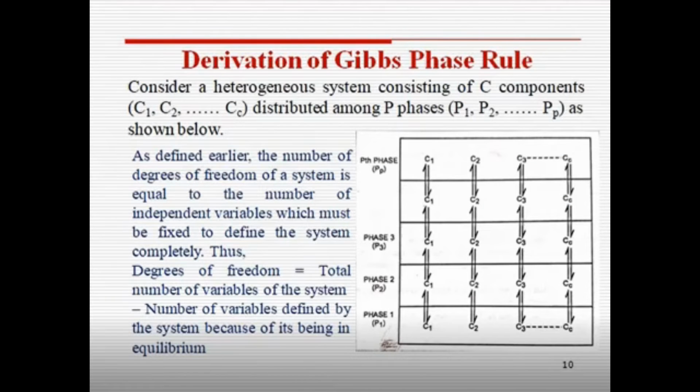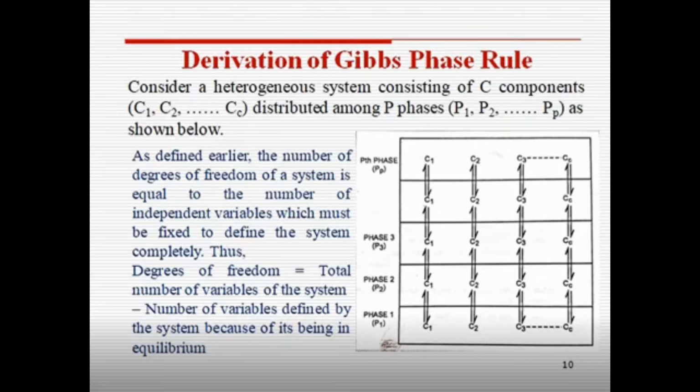Next, we will derive the Gibbs phase rule equation. For this, consider a heterogeneous system consisting of C components, starting from C1, C2, C3 and so on up to Cc, distributed among P phases, starting from P1, P2, P3 up to Pp, as shown in the diagram. As defined earlier, the number of degrees of freedom is equal to the number of independent variables which must be fixed to define the system completely.